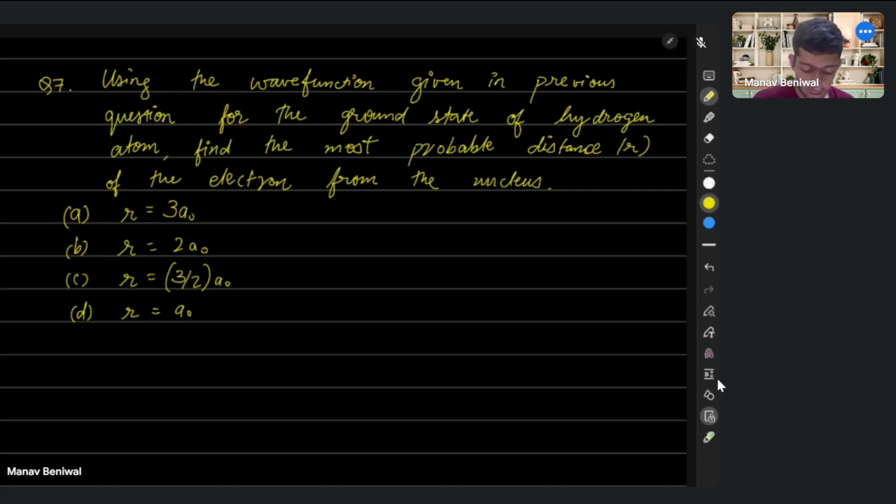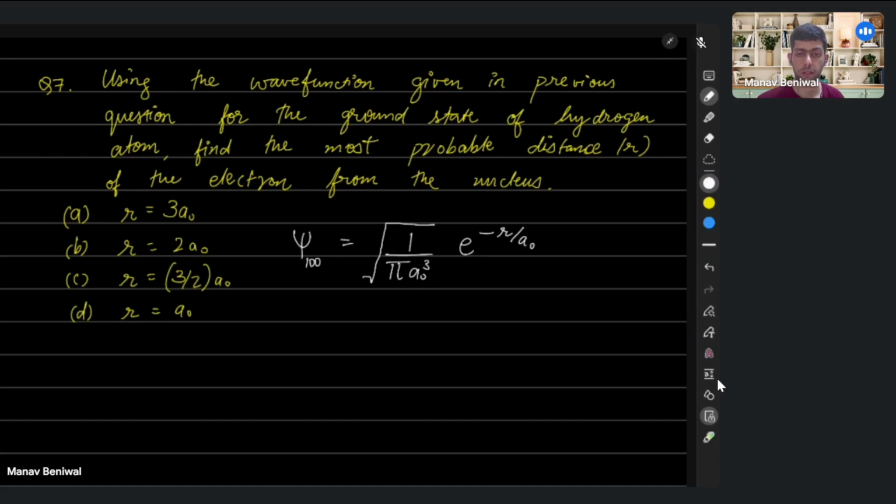So we were given a wave function in the previous problem. Let us rewrite the wave function here. This is the ground state wave function, and this was given to be the square root of 1 over pi a naught cube e to the minus r by a naught.